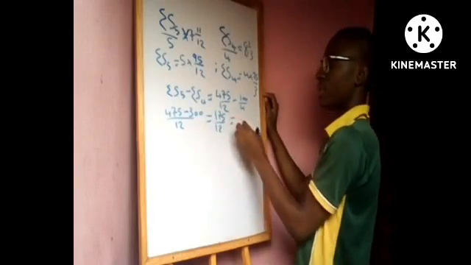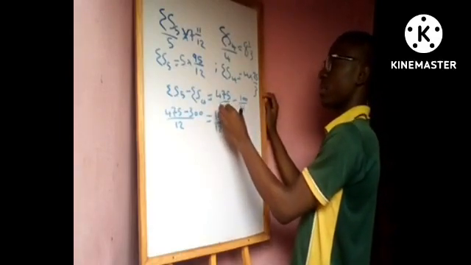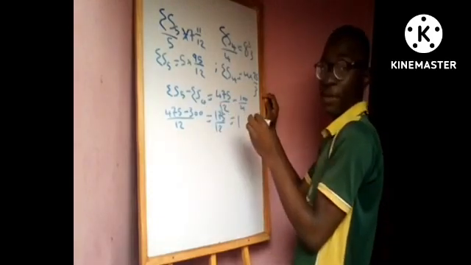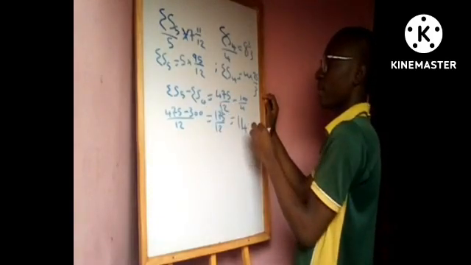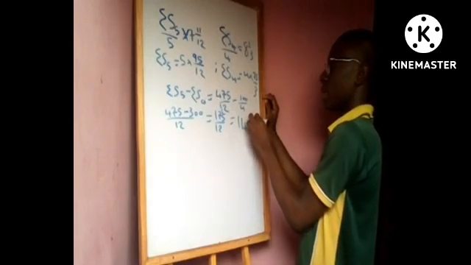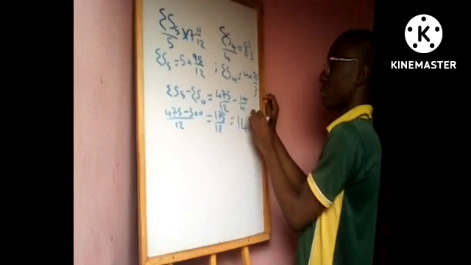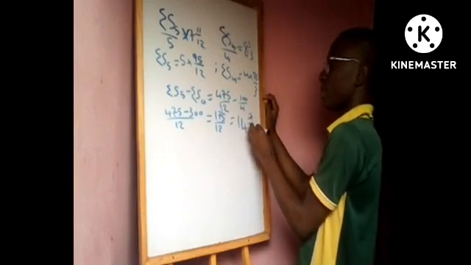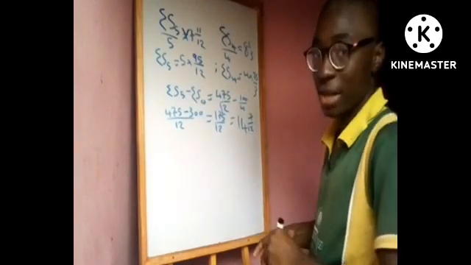So 12 into 175: 12 times 14 is 168, and 175 minus 168 is 7. That's 14 and 7 over 12, so we have our answer in a mixed fraction again.